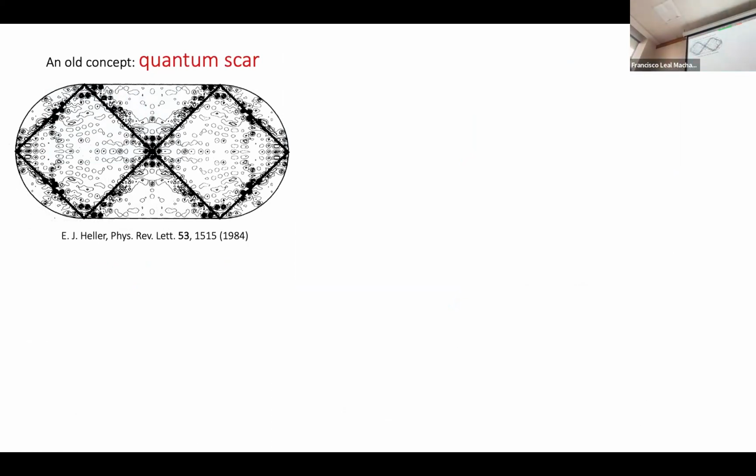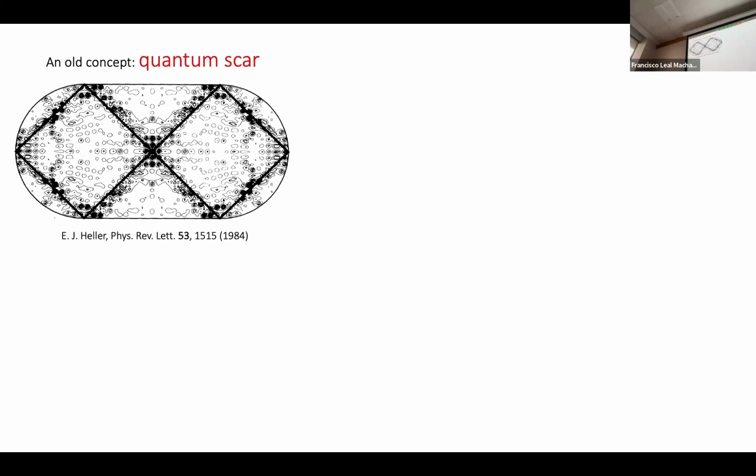All right, great. Okay, so I'll first start with the definitions. Quantum scar is actually an old concept that goes back to 1984 to Heller's famous paper on quantum billiards. More specifically, a quantum scar is an eigenmode with a higher probability density in the phase space, like you see here.